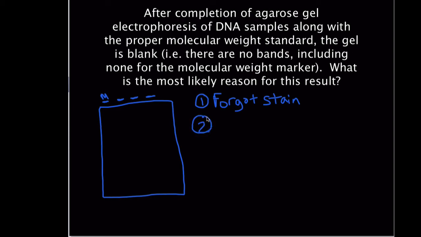Another reason might be you forgot to load any sample into each well. So if you forgot to load, your gel is going to be completely blank. Those are really the two main reasons why you would get absolutely no bands on a gel.